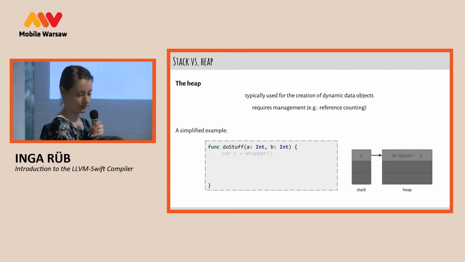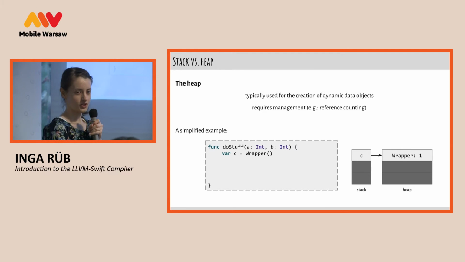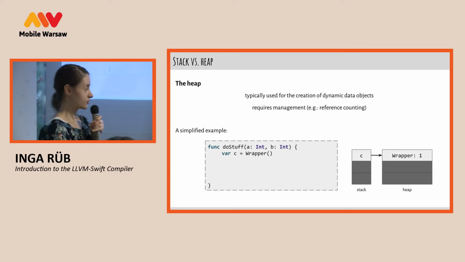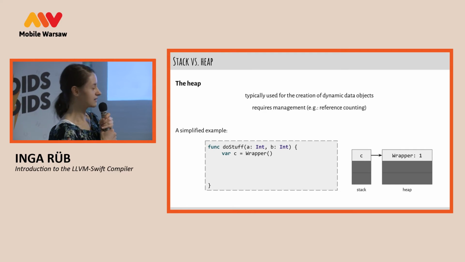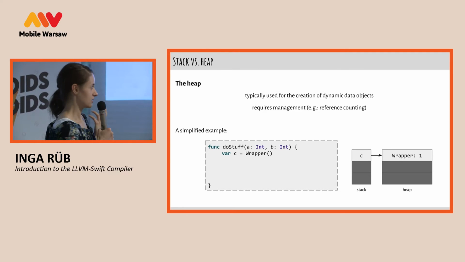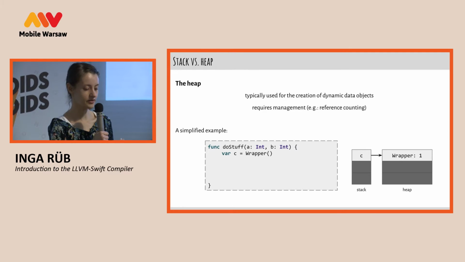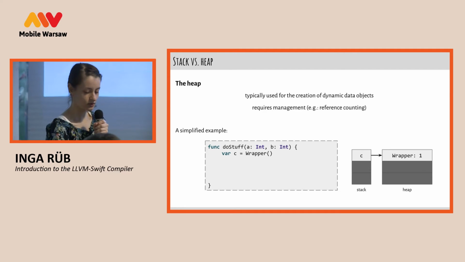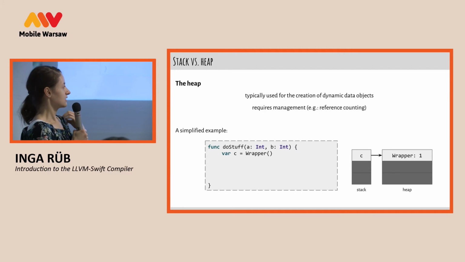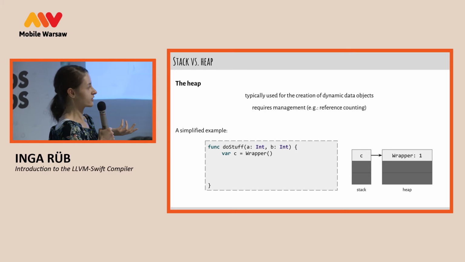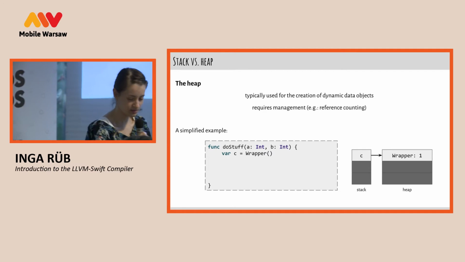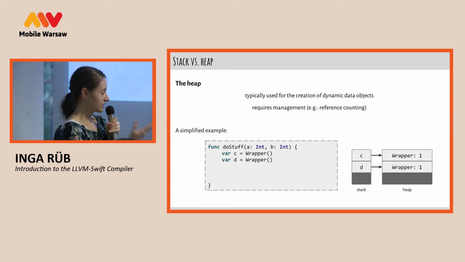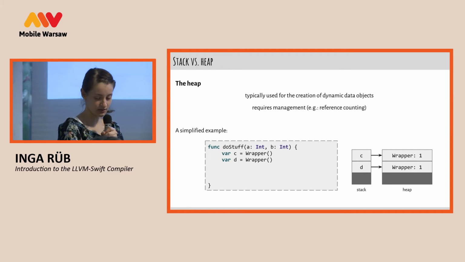Another simple example. We create an object wrapper. The object itself is in the heap memory, but the pointer to this memory, the variable that keeps the address, the reference, is on the stack. The number 1 means that there is one reference to this object, and this is something that probably we all know. Another object d is also created on the heap.